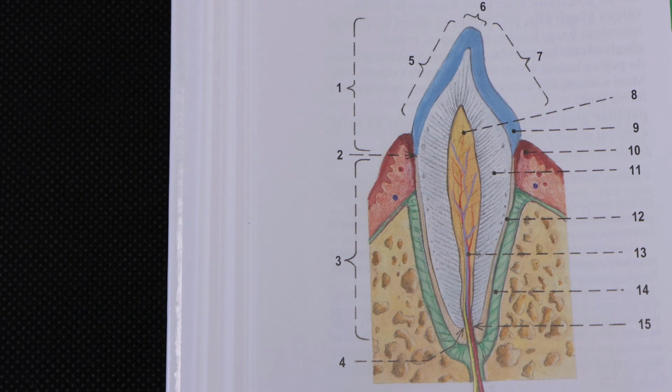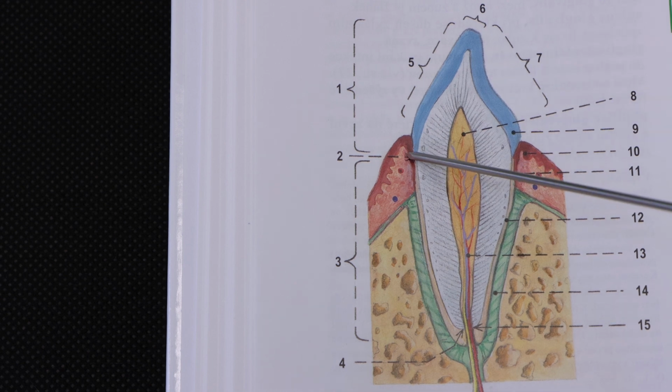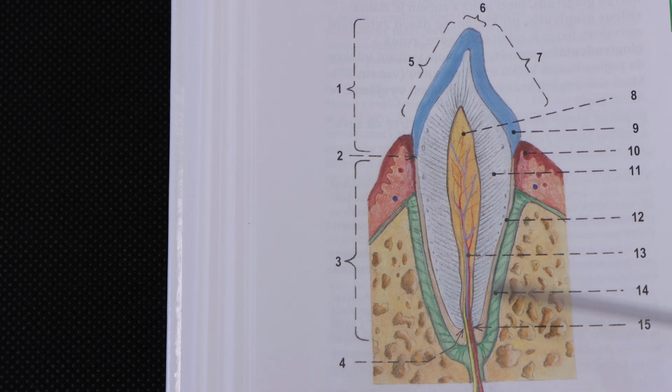General structure of the teeth. Each tooth is composed of three main parts: the crown, the neck of the tooth, or cervical region, and the root of the tooth, or radix.